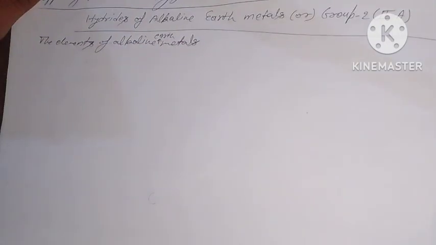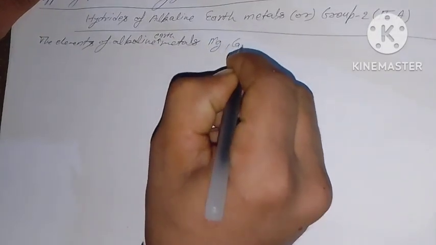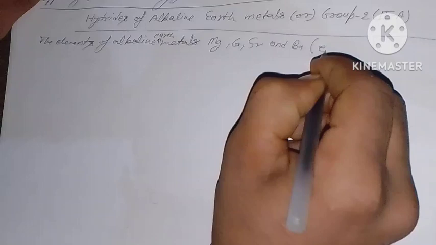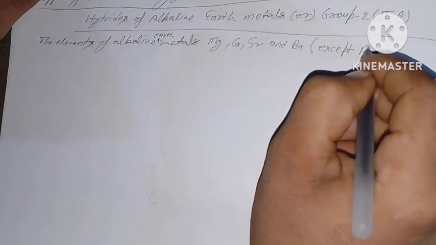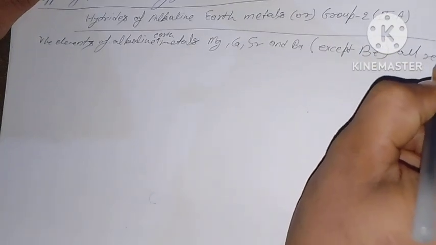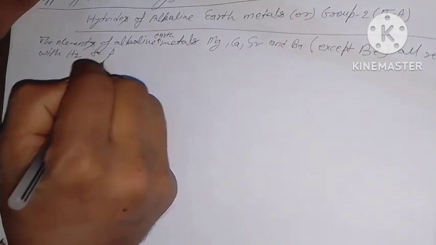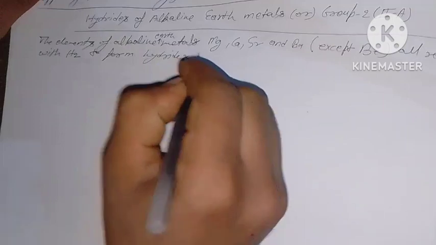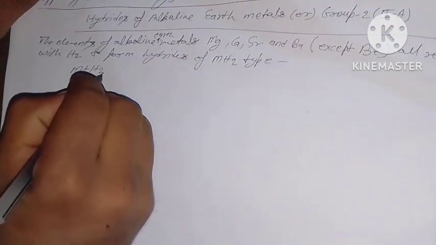The elements of alkaline earth metals, magnesium, calcium, strontium, and barium, except beryllium, all react with hydrogen to form hydrides of MH2 type. Okay, M plus H2 gives MH2.